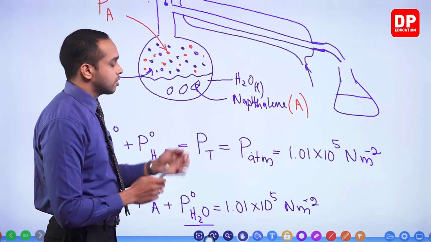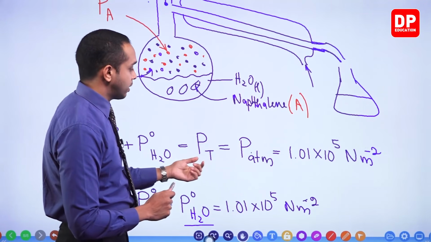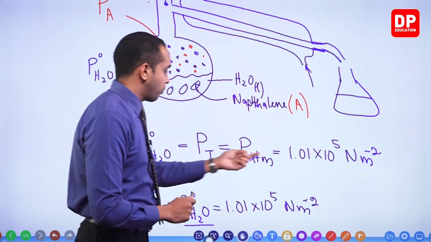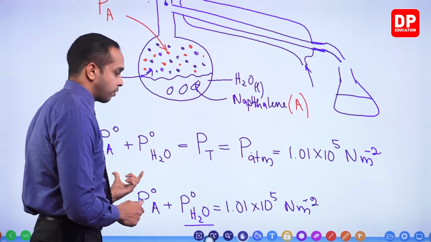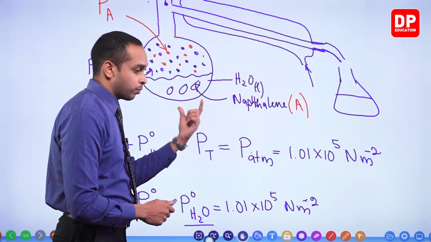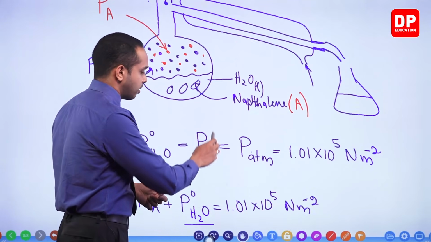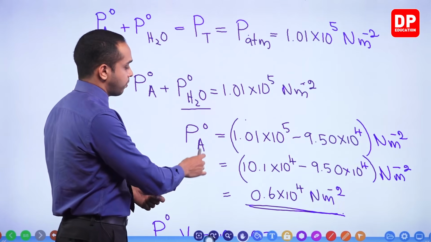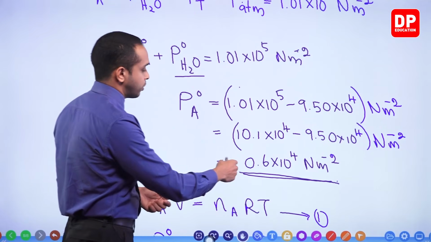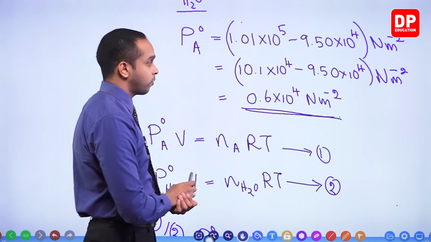Then we found that the vapor pressure of water along with the vapor pressure of naphthalene is equal to the atmospheric pressure, and with that we found the vapor pressure of just naphthalene, which happens to be 0.6 into 10 to the power 4.